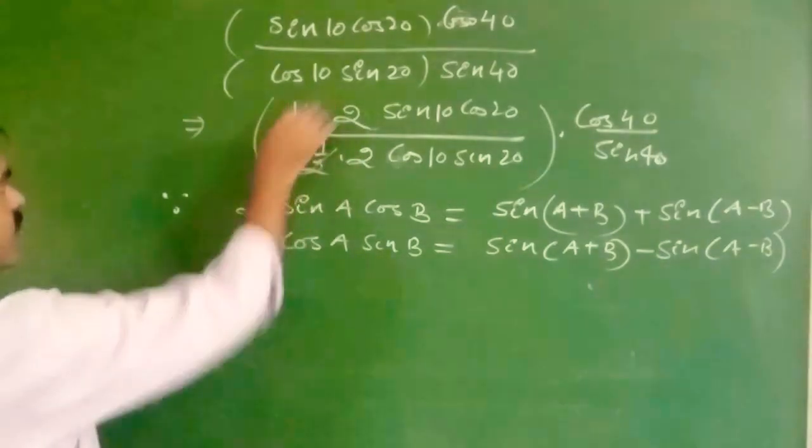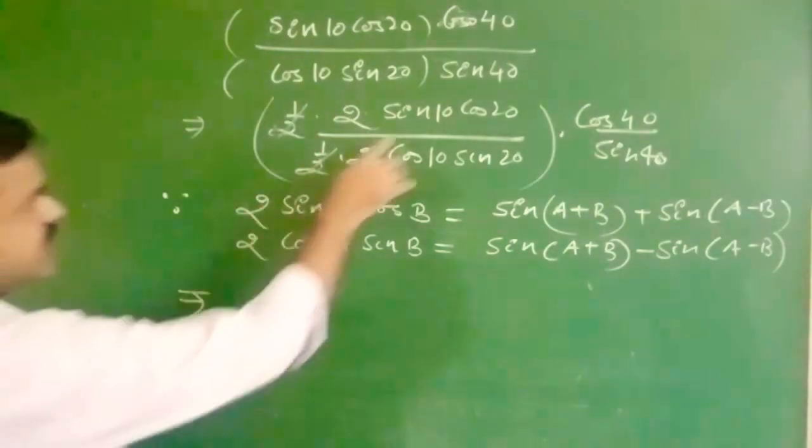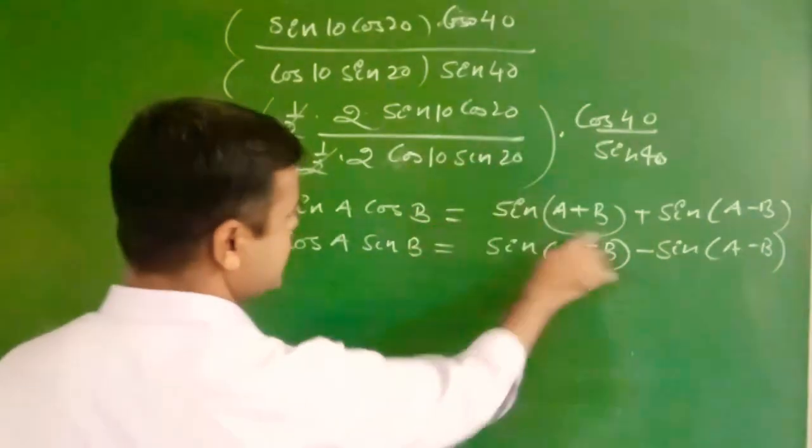2 and 1 by 2 cancel out. Now this is of the form 2 sin A cos B, this identity.